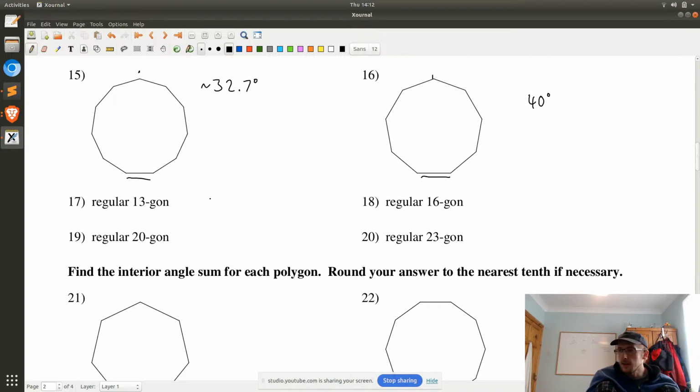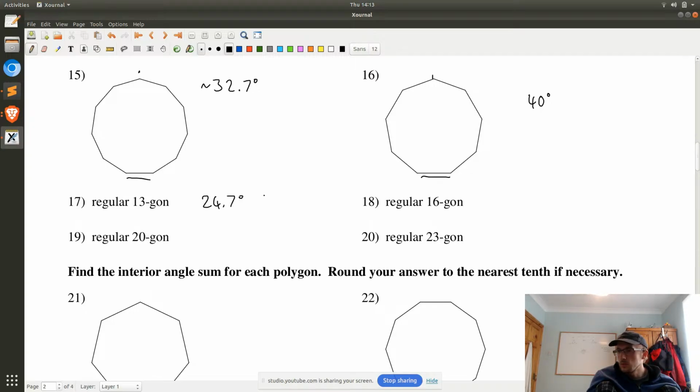360 divided by 13. 24 and 8/13, so around 24.7. But we can actually verify this by doing 80 divided by 13 and continuing on like that.